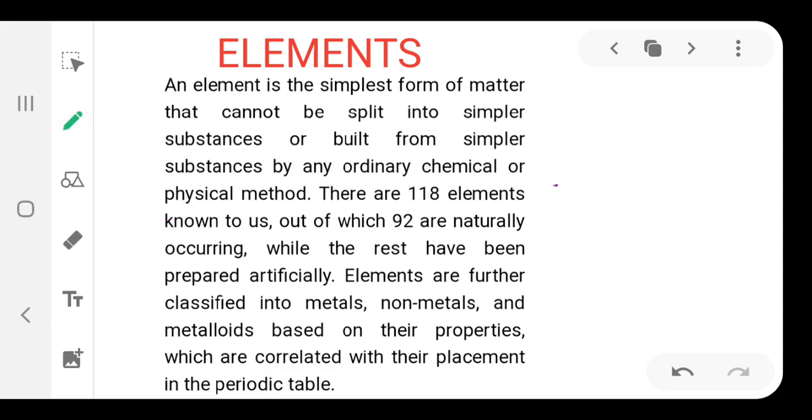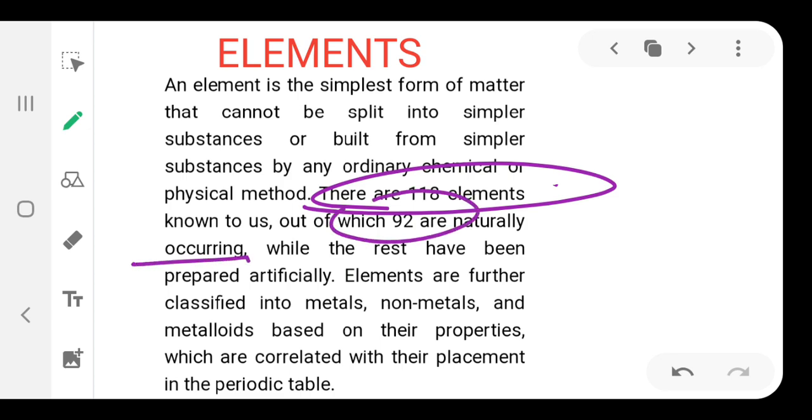So till date we have approximately 118 elements, and out of them approximately 92 are naturally occurring on Earth, while the rest are prepared by specific methods artificially.